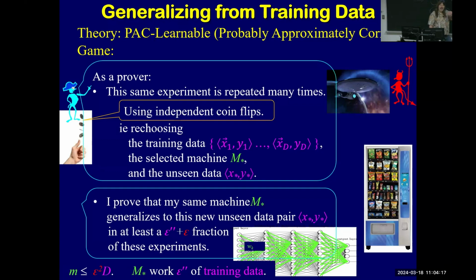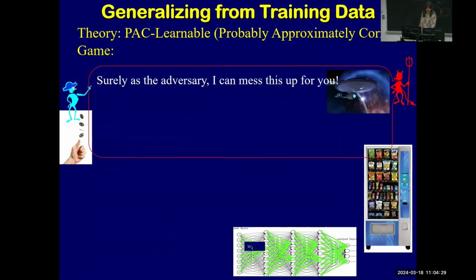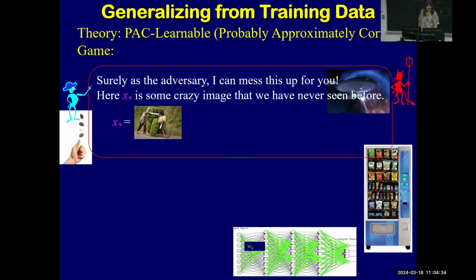And doesn't it still seem like a miraculous proof, right? How could you prove that this was always the case? All right, so the adversary, for example, comes and says, come on, surely I can mess you up. Here's a piece of data that you've never seen before. How are you going to ever recognize that to be a bicycle? So what's our counter to our adversary? Well, either it does or it doesn't, right?